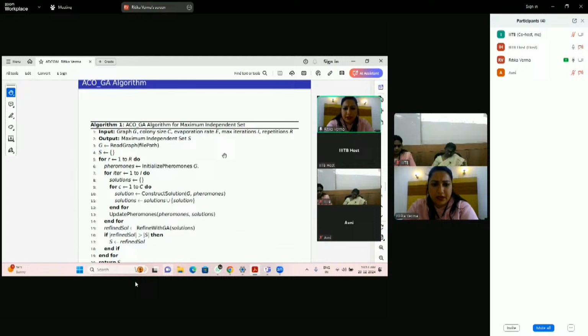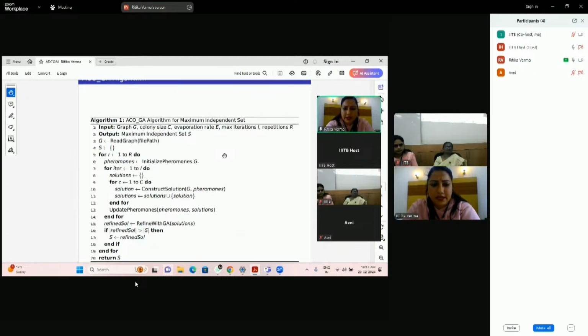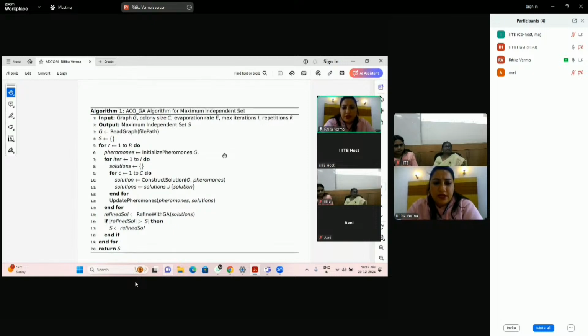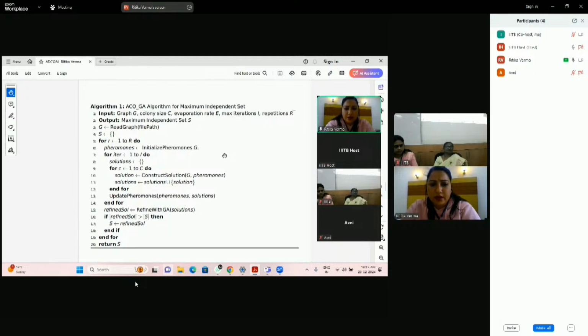S denotes the maximum independent set. Initially, the maximum independent set is empty. Then we initialize the pheromone; all vertices have the same pheromone level. Then all ants construct solutions according to the pheromone and put them into the solution part.